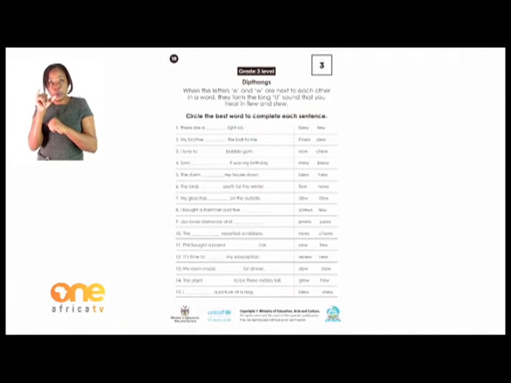Literal things, if I have few number of things, that is a literal number of things. That is, few means less. Okay. So which one will best fit in that line? There are a light on. I think it's few. There are a few light on.